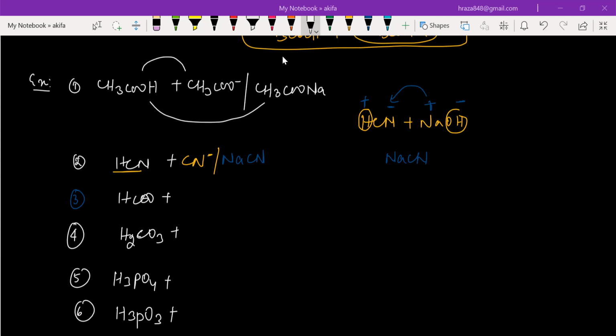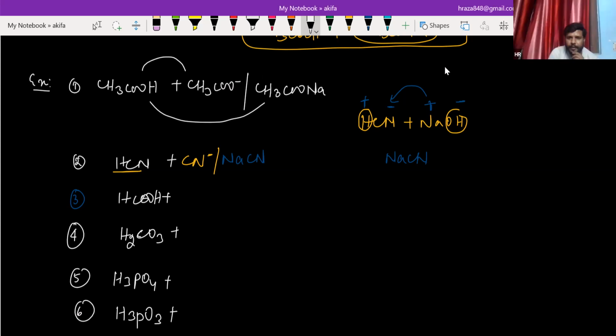The conjugate base for the third one will be HCOO minus, not CO minus. I haven't written it correctly. Now let me know.